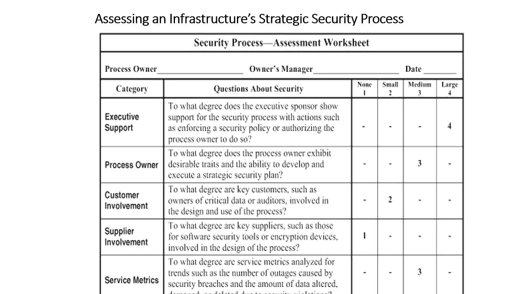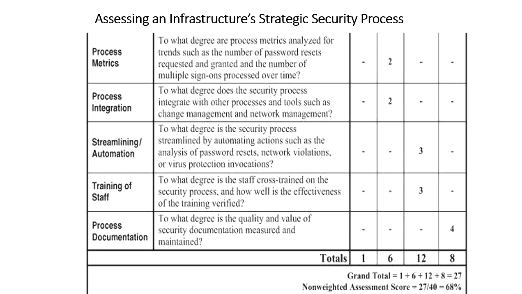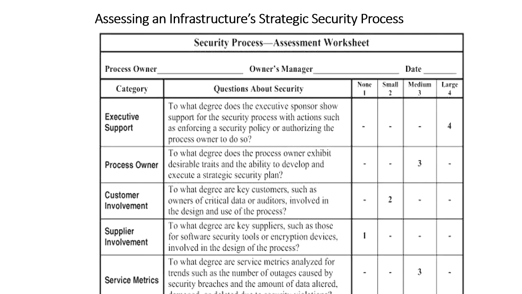In this, the categories come like executive support, process owner, customer involvement, supplier involvement, service metrics, process integration, streamlining, training of staff, and the last, process documentation. According to these categories, questions arise with respect to security.